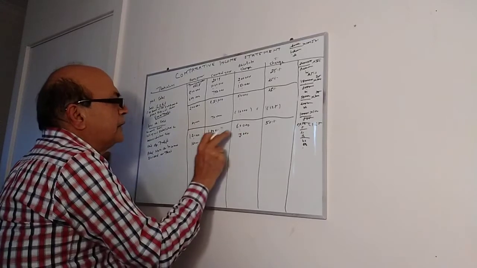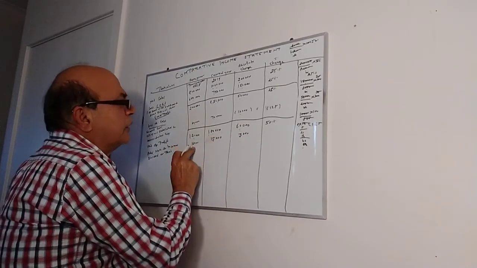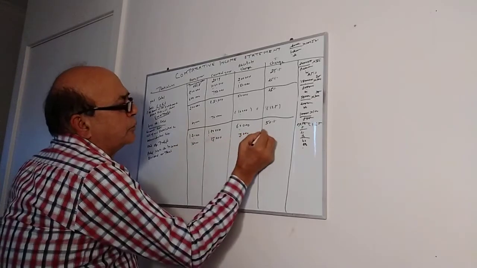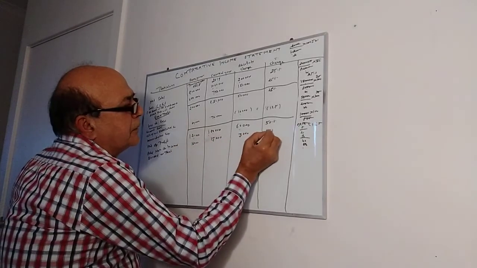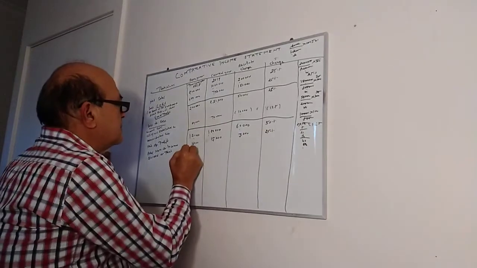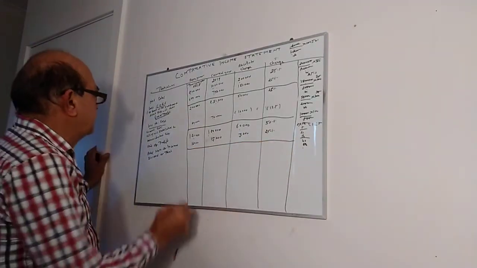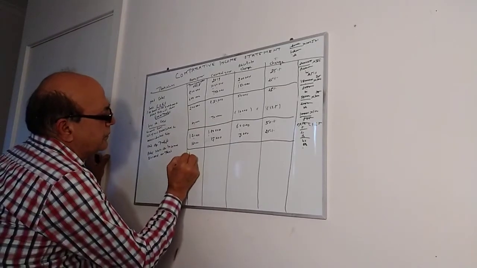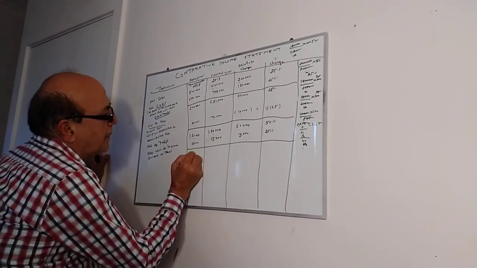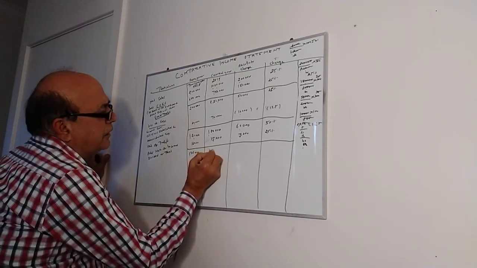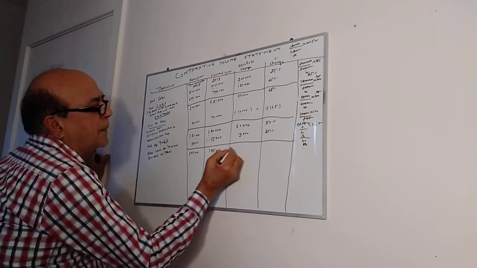So what is the percentage change? 3,000 upon 12,000. That is 3 upon 12, 1 by 4, 25%. So this becomes 1,32,000. This becomes 1,95,000.